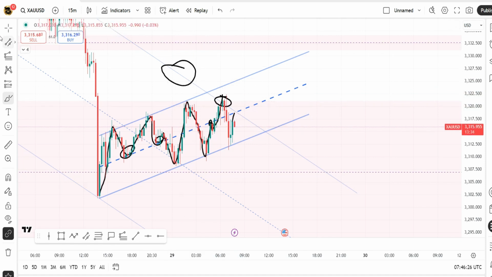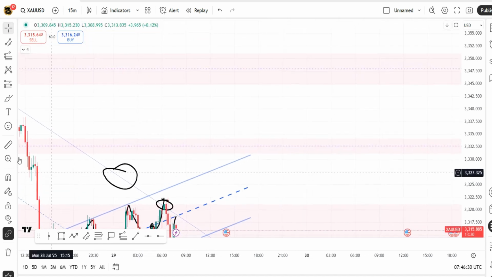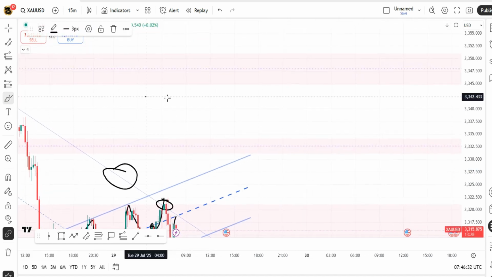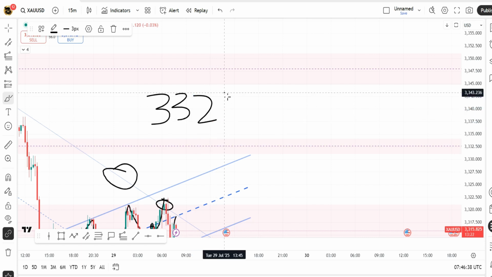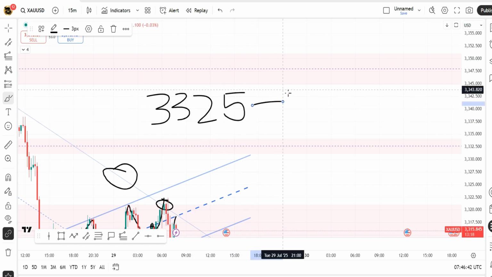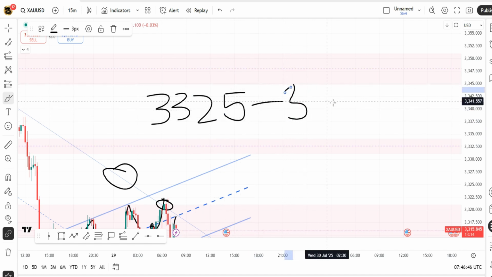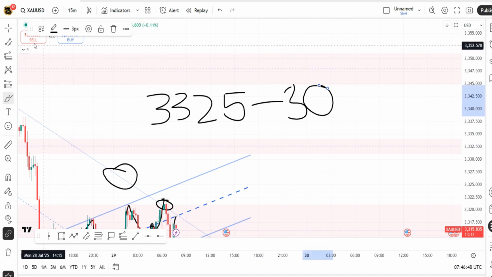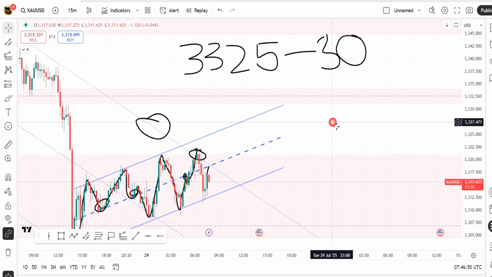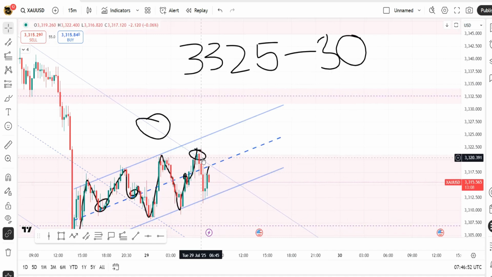Right now, if you are looking for the buying side, I will suggest that you wait for 3325 till 30 area. If the market is able to break this area, then you have to look for a proper buying side.